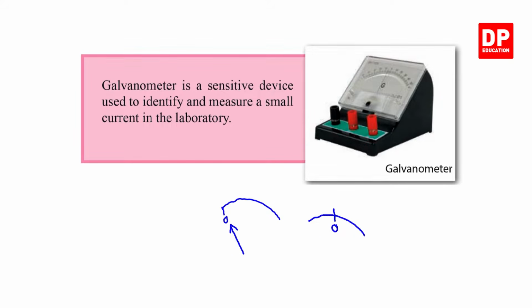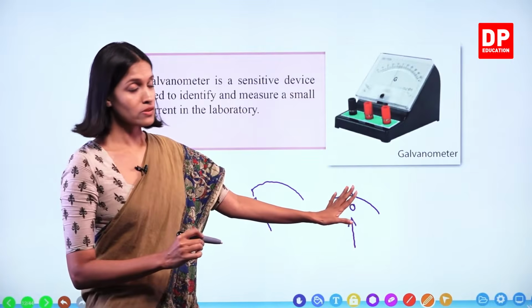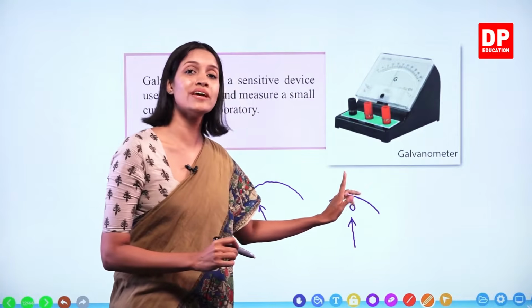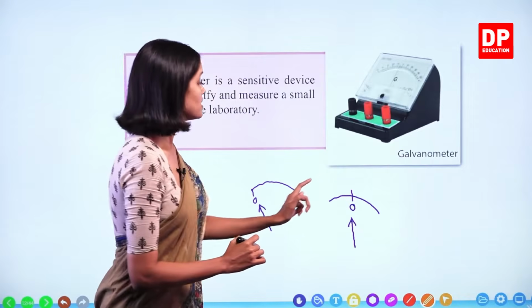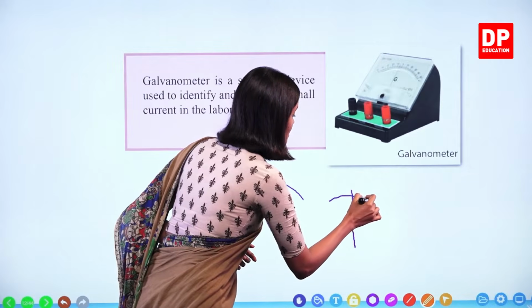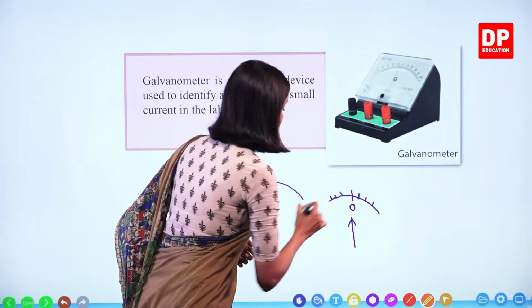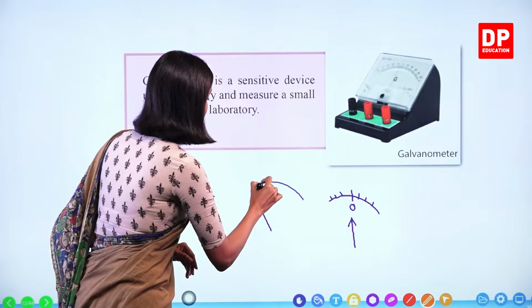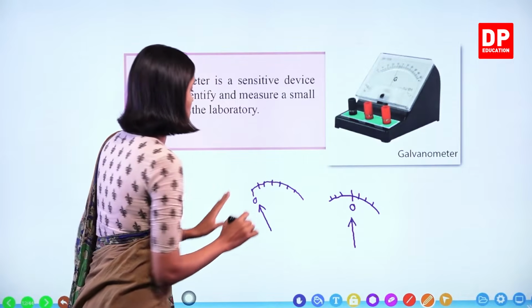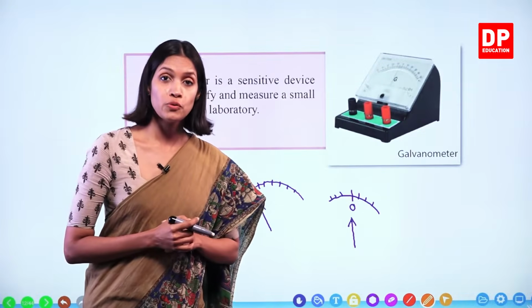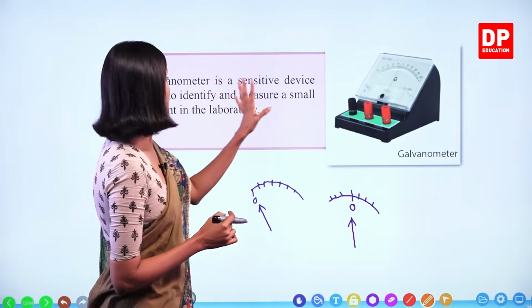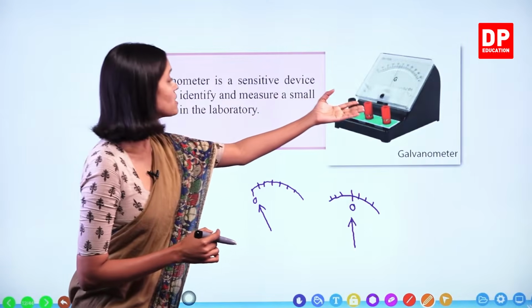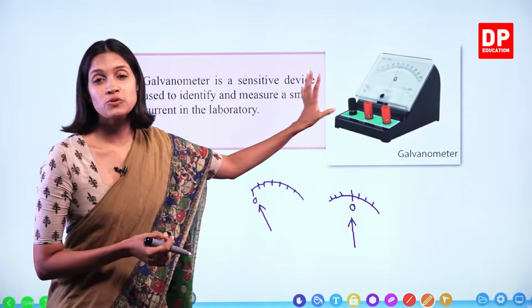So when electricity does not flow through the galvanometer, the indicator is at 0. These types of galvanometers are known as center 0 galvanometers, right? 0 is in the middle, and other numbers are present on either side. However, this is a device that can identify small currents flowing through the circuits.